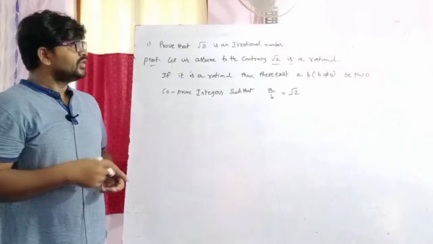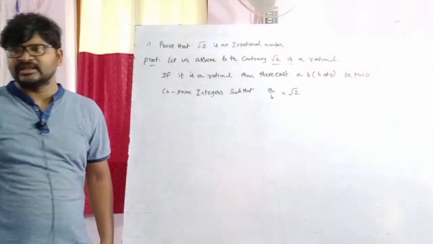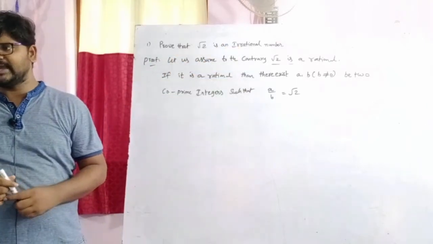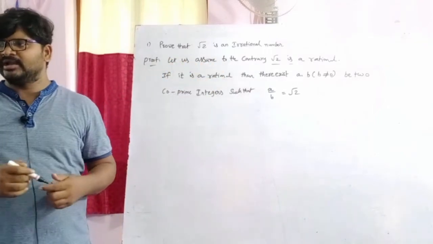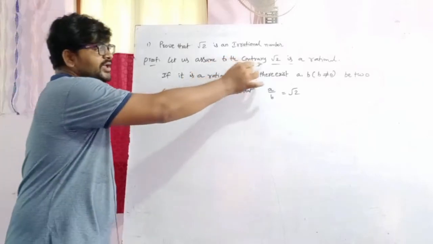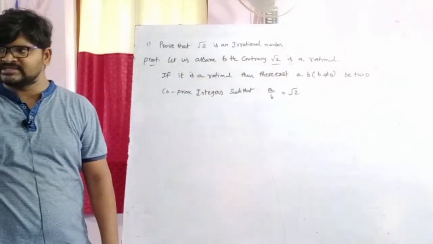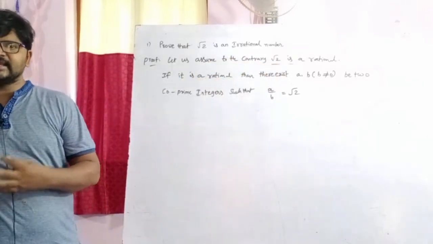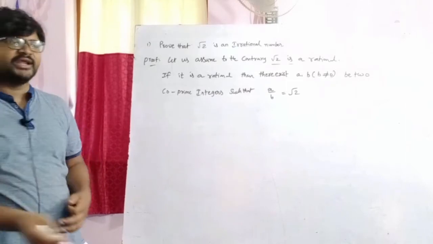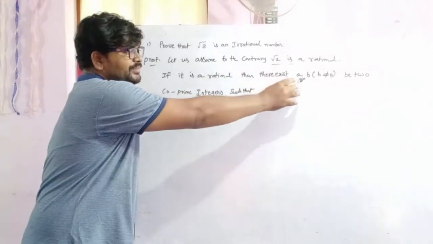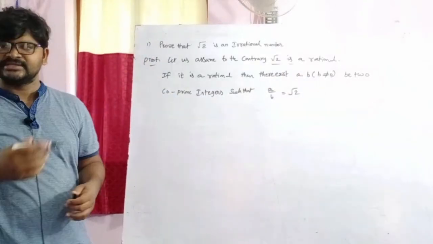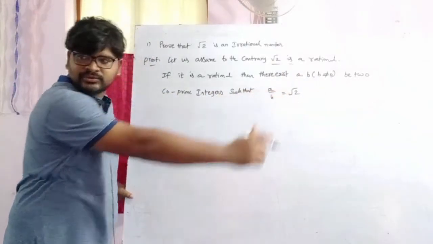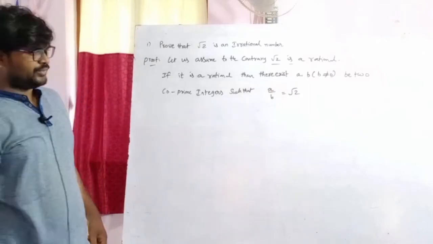Once again, prove that root 2 is an irrational number. Let us assume to the contrary, root 2 is a rational. If it is a rational, then there exist a, b, b not equal to 0, two co-prime integers such that a by b equals root 2.